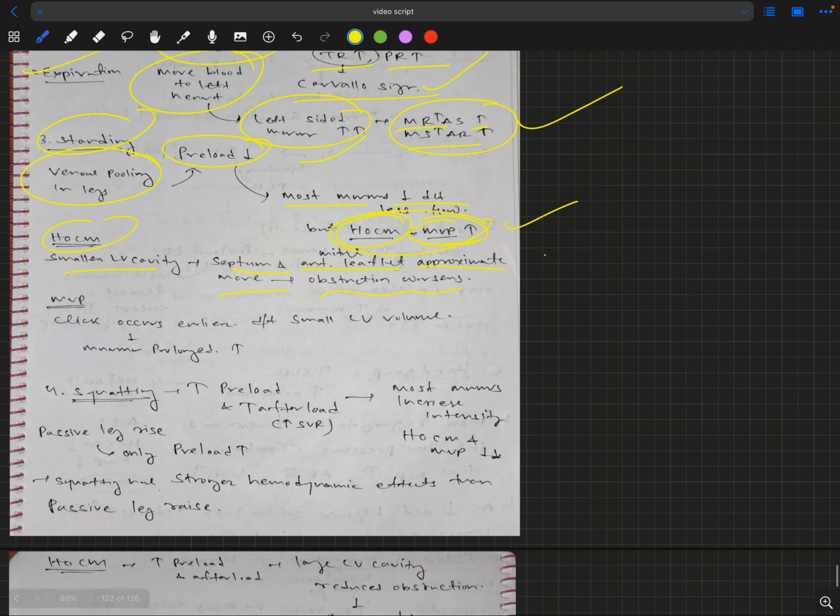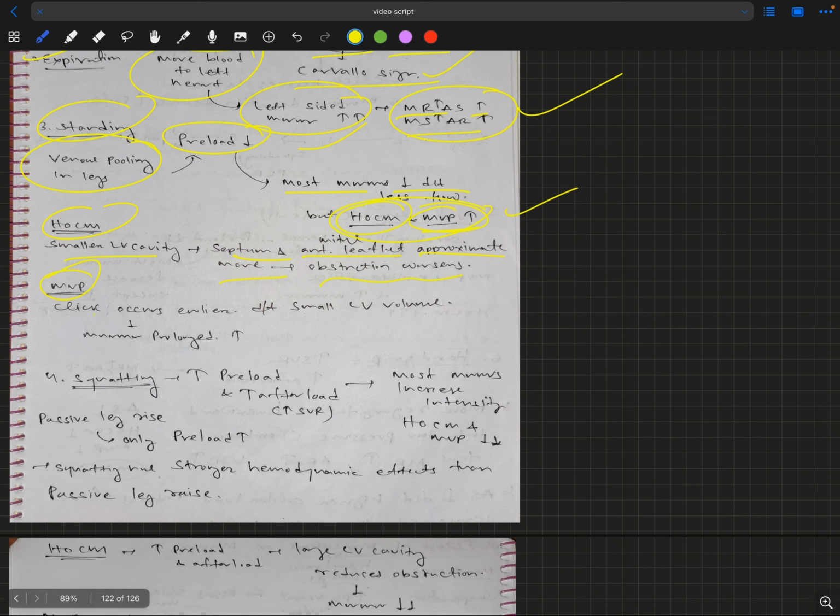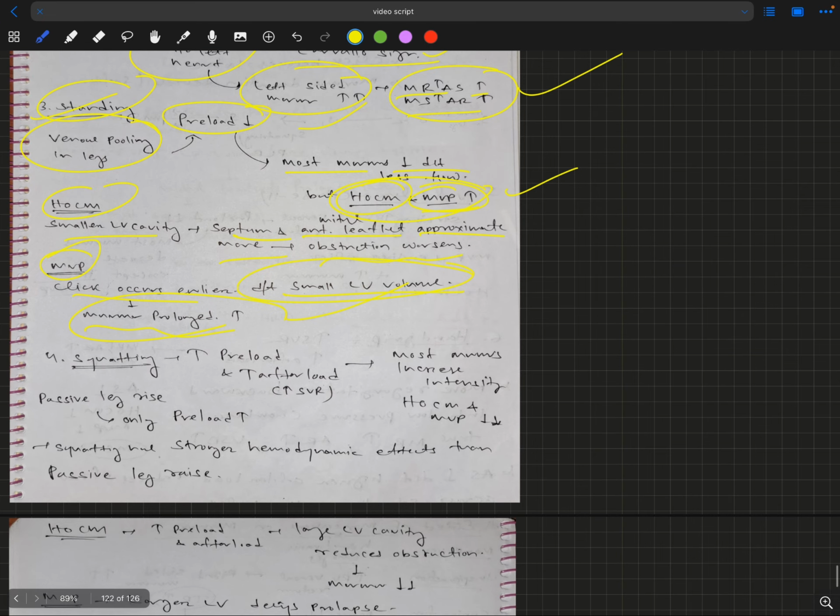In case of mitral valve prolapse, the click occurs earlier, or the non-ejection click moves closer to S1 due to small left ventricular volume, so the murmur duration is prolonged on standing due to decreased preload.